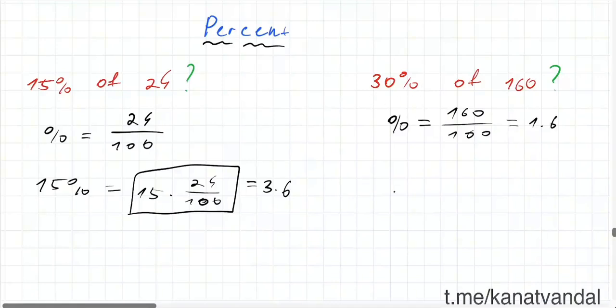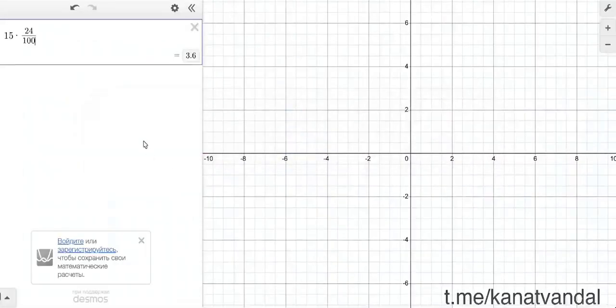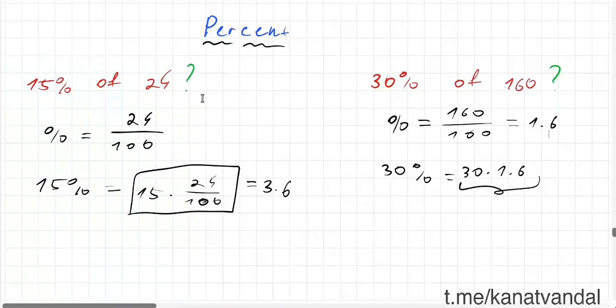So 30% is 1.6 times 30. This will be our result. Let's calculate it. 30 times 1.6 is 48. Great. So calculating percents is very easy if you know the definition.